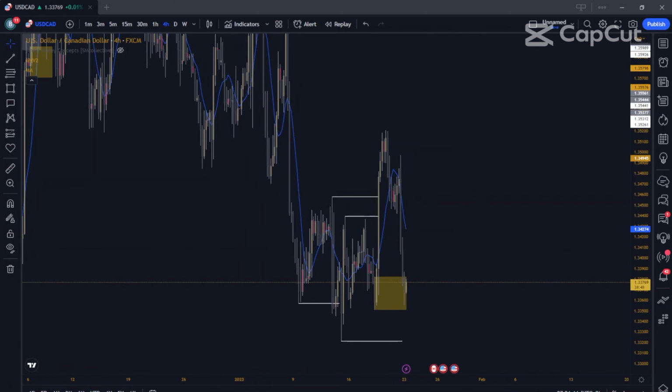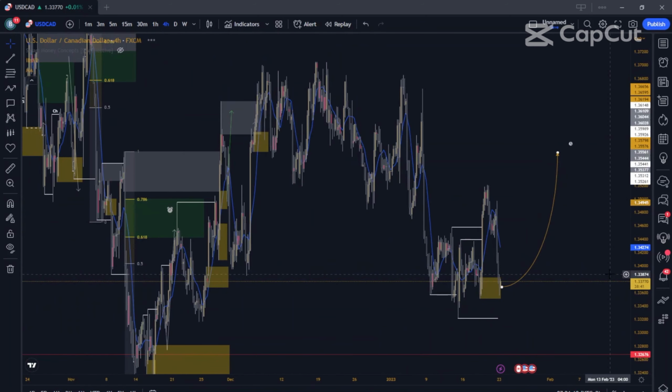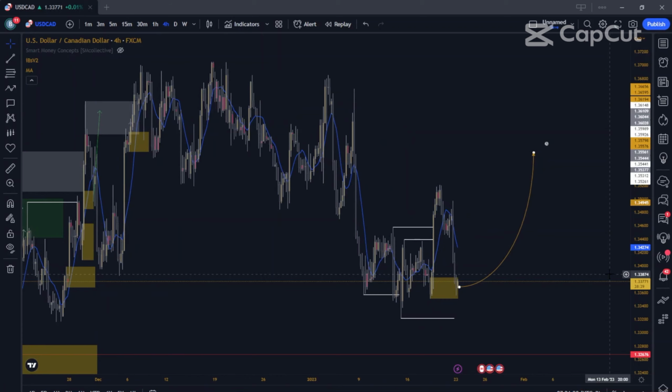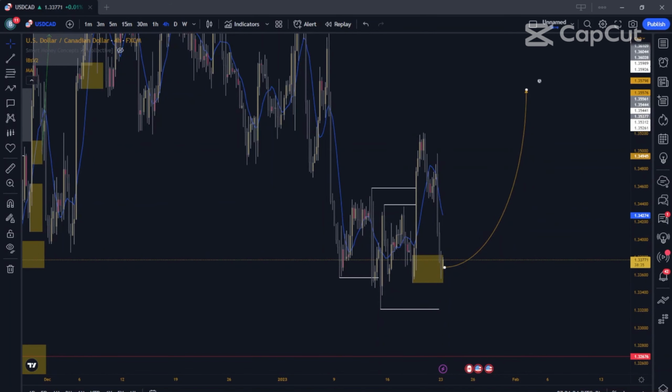We could potentially see longs from here to break the structure again. But let's see what happens with the dollar, because we are expecting the dollar to pop into something below. So it's very possible that we might just get a liquidation of this low and react to something down in here instead.